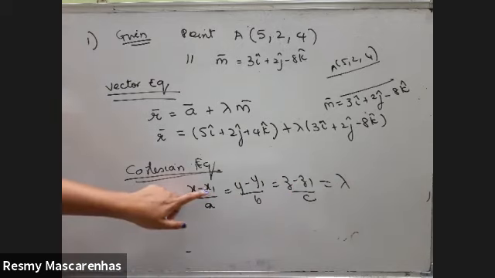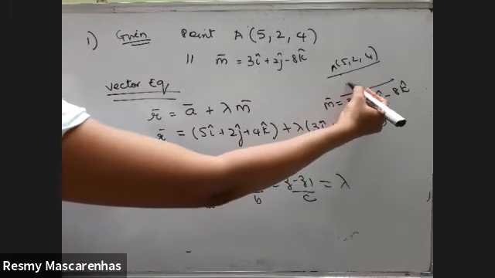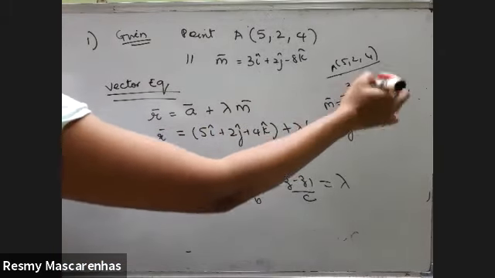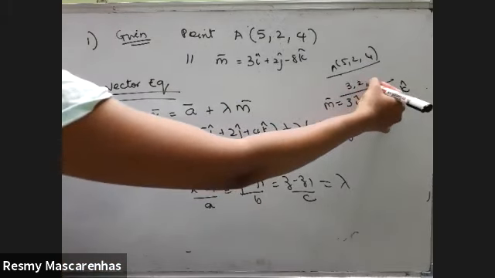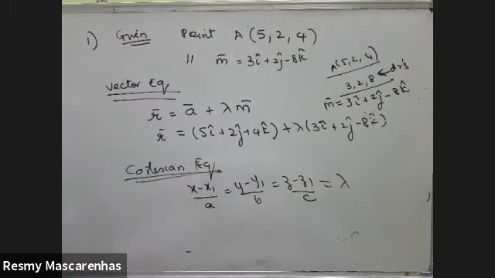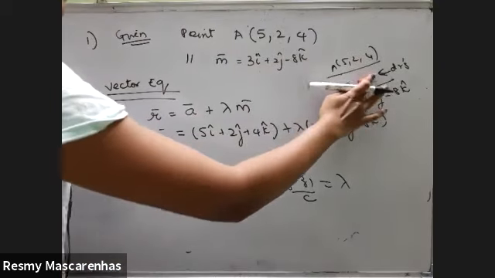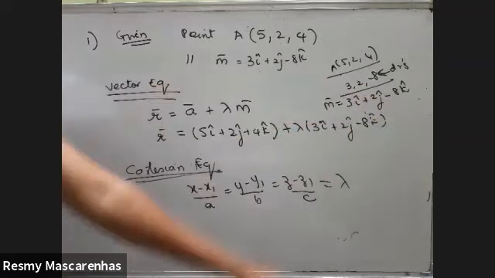The point is in the numerator, the direction ratio is the denominator. So what is the value of a, b and c? If you want, you can write it like this: no vectors to be written, no i, j, k. So 3, 2 and 8 are your direction ratios. Minus 8, sorry. Just be careful of the sign.